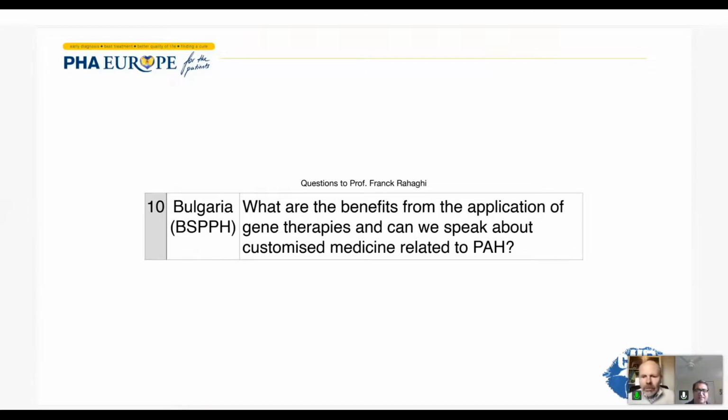What are the benefits from the application of gene therapies, and can we speak about customized medicine related to PAH? It's too soon to talk about that. The problem is there is not one gene responsible. We have found a couple of genes that are responsible in pulmonary hypertension, but there's a whole slew of them, and I refer you to the presentation in terms of the breadth of those genes.